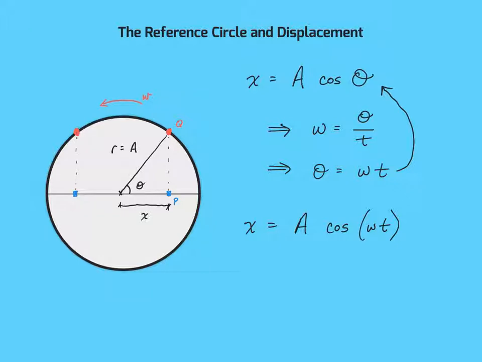Now, if we're thinking about a mass spring system, we don't have angular velocity, right? I mean, it's moving linearly, so we don't really have an angular velocity, but we can utilize some ideas that we've already learned in this unit and in a previous unit to help us out with this angular velocity.